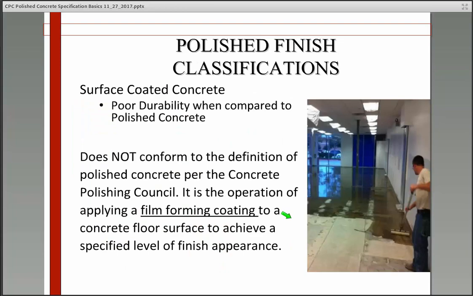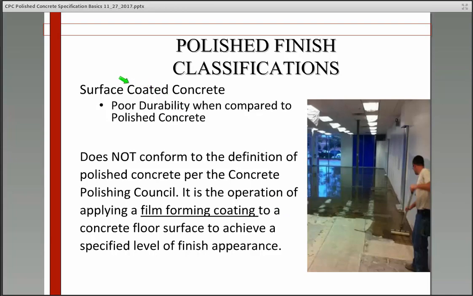One of the things we had to do when we first started in this industry is really define what polished concrete was not. That's because there was a lot of confusion, not only in telling people what it is, but what it isn't. One thing it is not is surface-coated concrete.